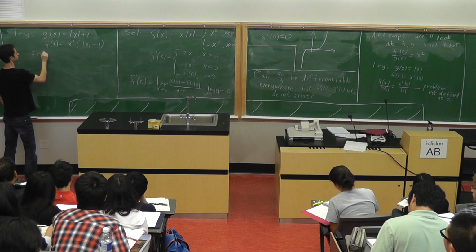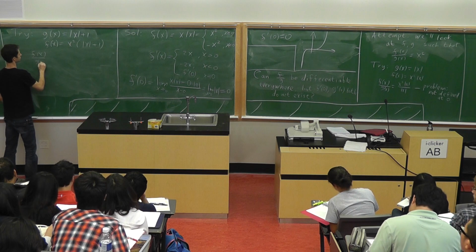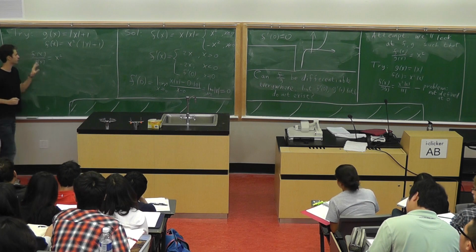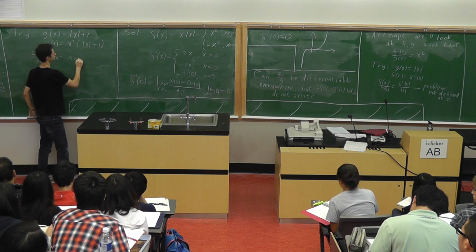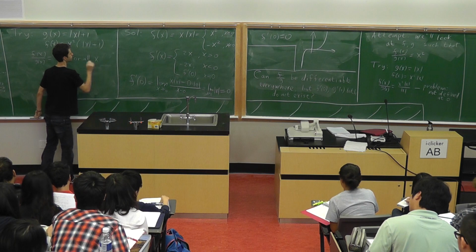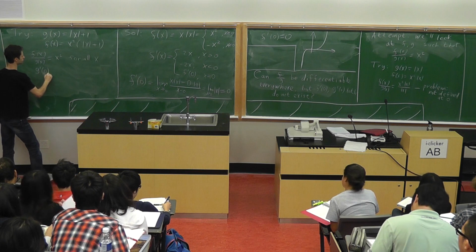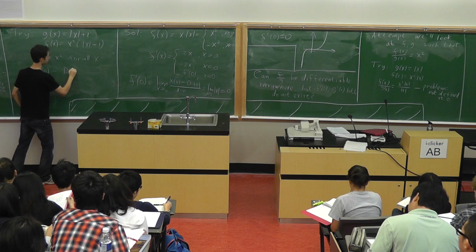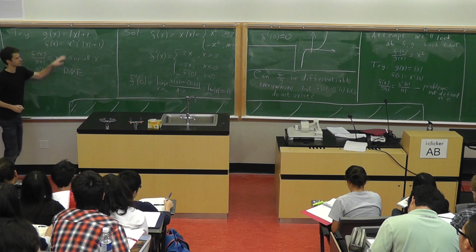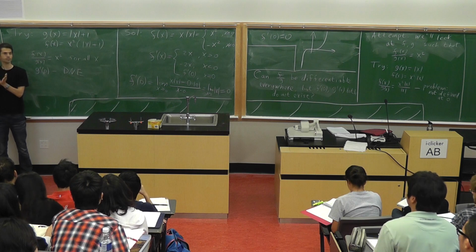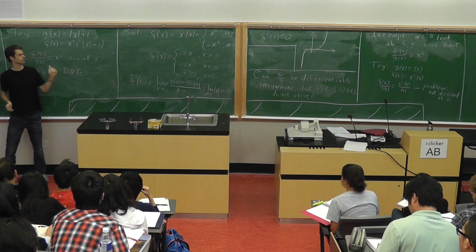Indeed, f of x divided by g of x is x squared for all x. The quotient is differentiable. g prime at the point 0 does not exist, I mean, obviously, like for the absolute value of x, it doesn't exist.